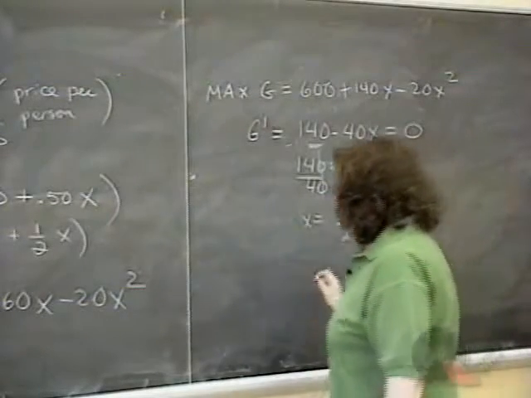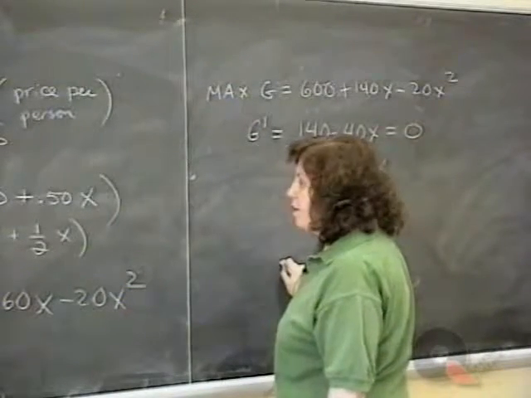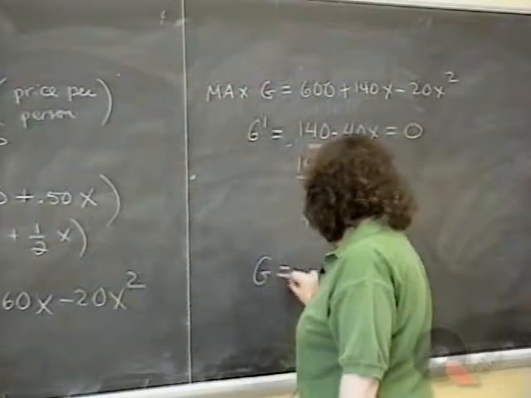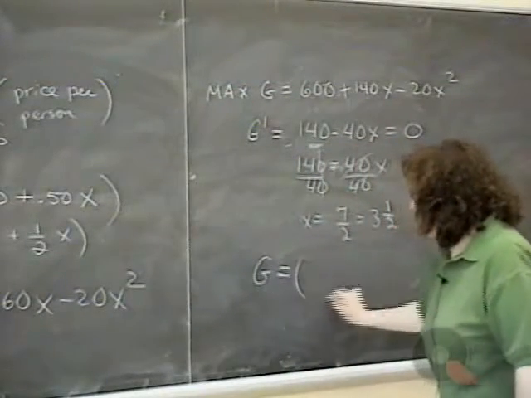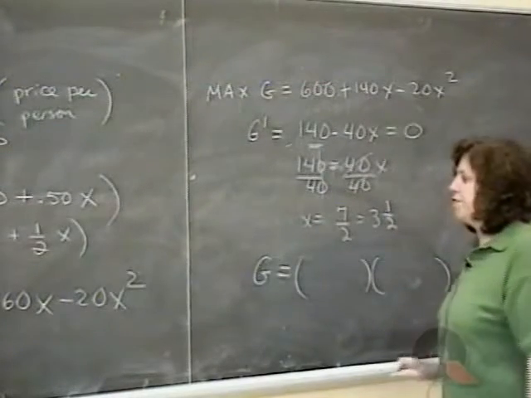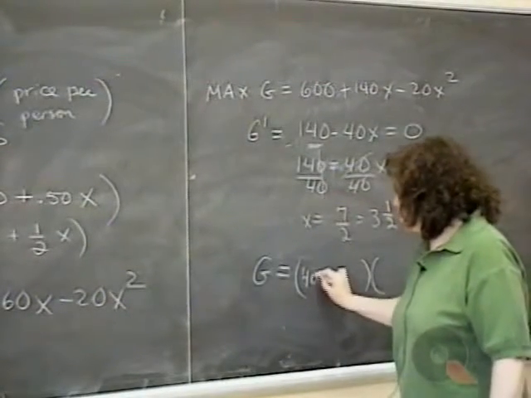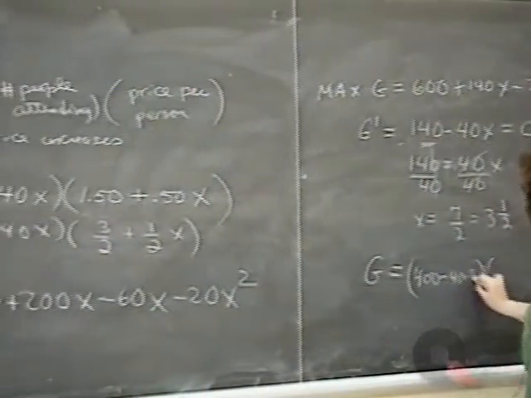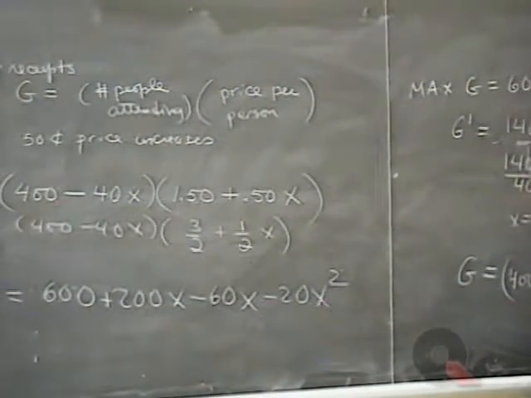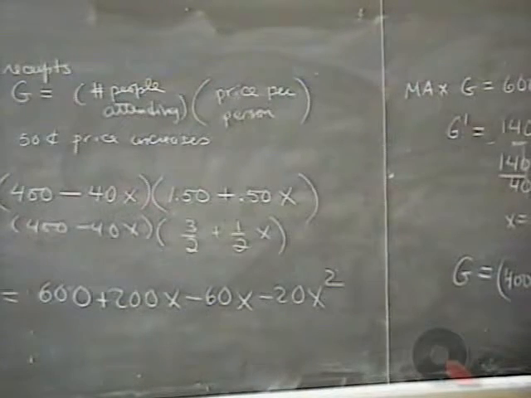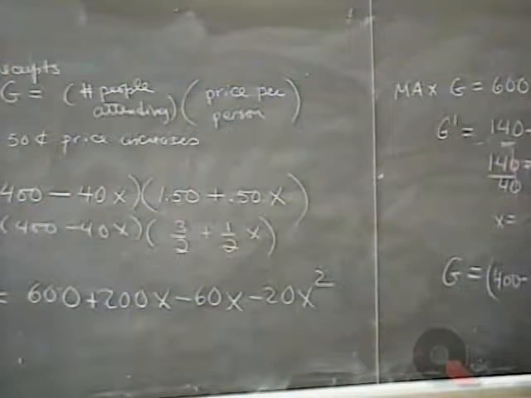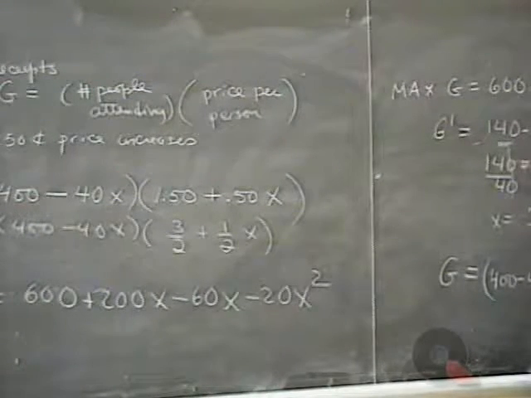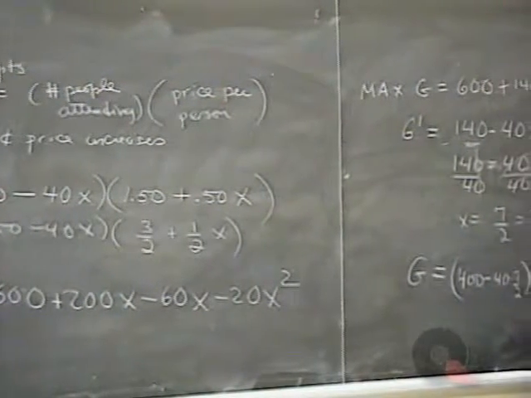At this 3.5 price increases, what will the gross receipts be? It'll be 400 minus 40 times 7 halves, and then three halves plus 1/2 times 7 halves.